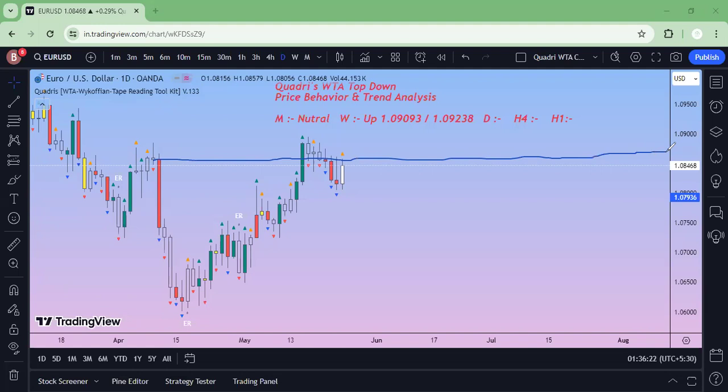Once again, let me bring up my 8568. If it holds 8568, then definitely it is going to go upwards and it will reach this particular zone. And this zone is of 9367.